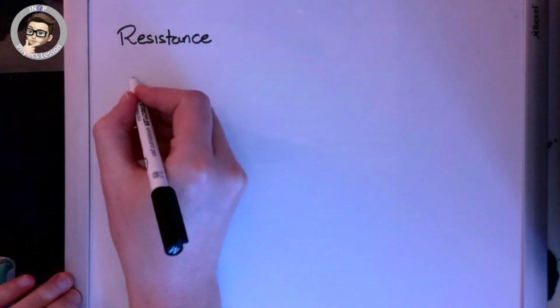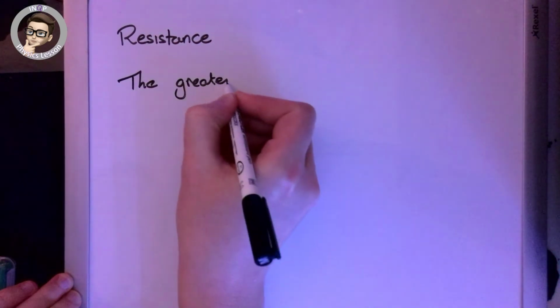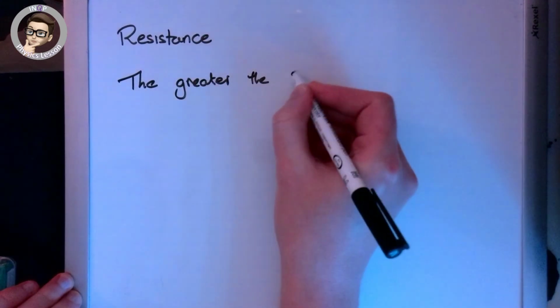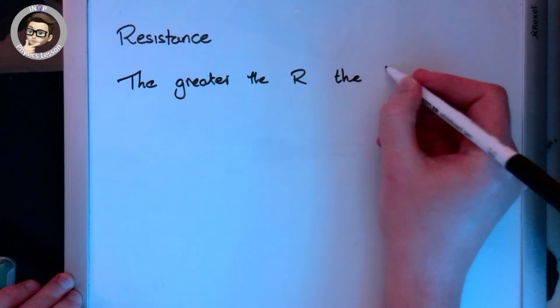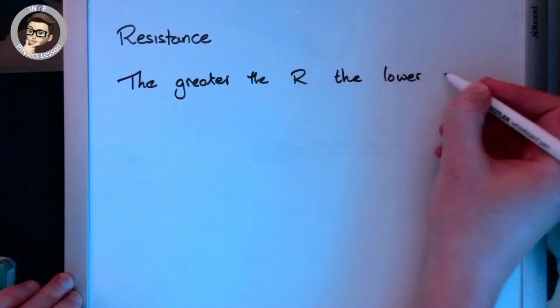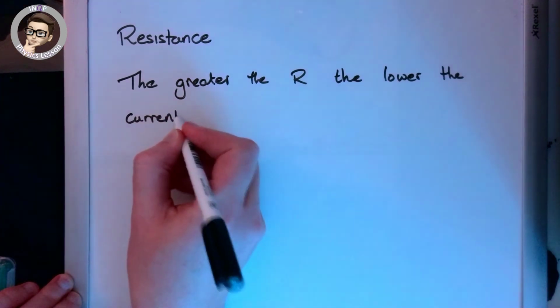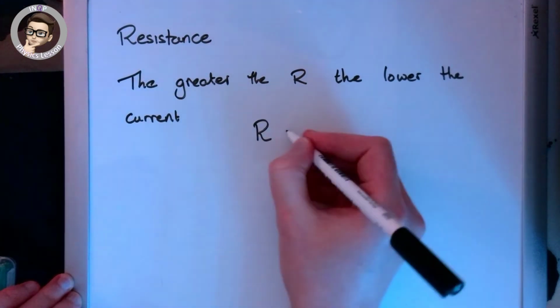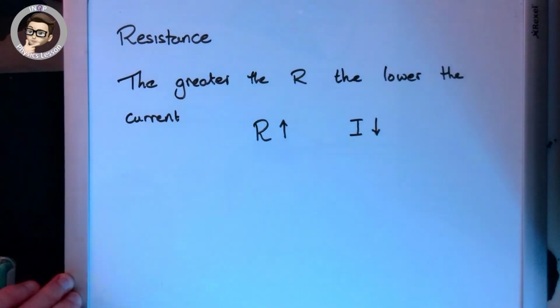Okay, so this is the idea as to what resistance is. So the greater the resistor, or the resistance, it doesn't have to be a resistor, the lower the current. So as R goes up, then I must go down.